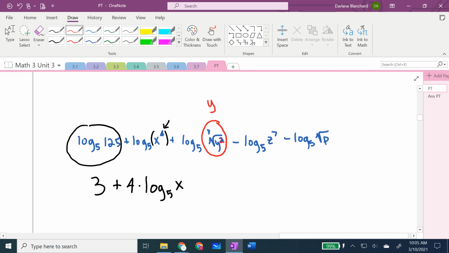The cube root of y squared is y to the power of 2 divided by the index of the root 3. So y to the 2/3 is actually what's sitting in that logarithm. The exponent can multiply outside that logarithm. And when I pull it outside the logarithm, it's gone, and all I have left inside is the y.